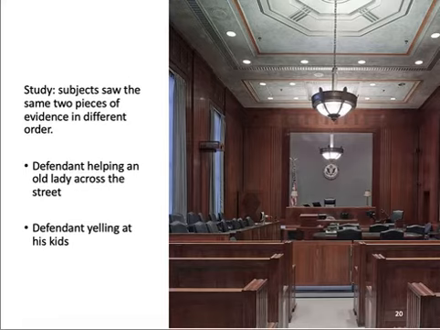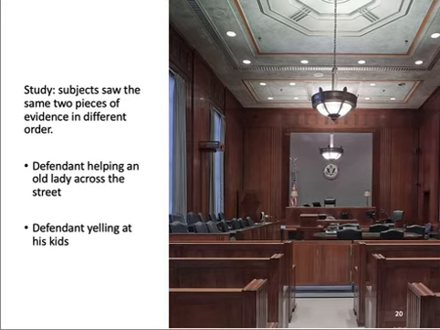So one group was first given the evidence of the person helping an old lady across the street, and then afterwards was told that this man, the defendant, was yelling at his kids. And the other group, however, was shown first the man yelling at his kids, and then afterwards him helping the old lady.